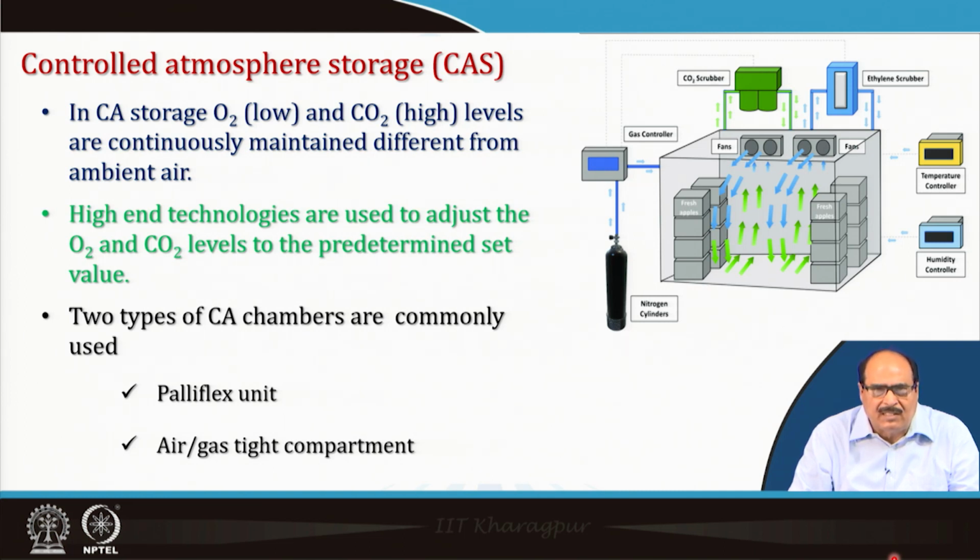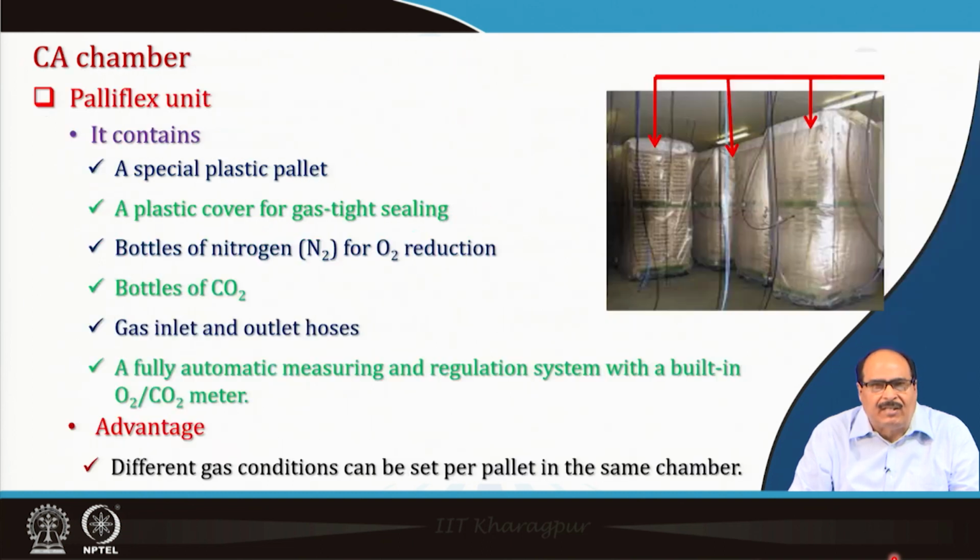One is the Polyflex unit and the other is the air or gas tight chambers. In the Polyflex unit, you can see here in the figure, it contains a special plastic pallet or several plastic pallets.